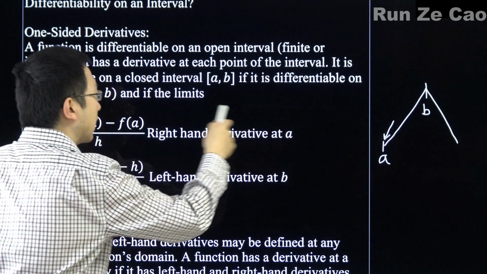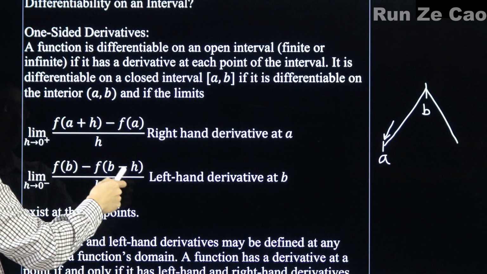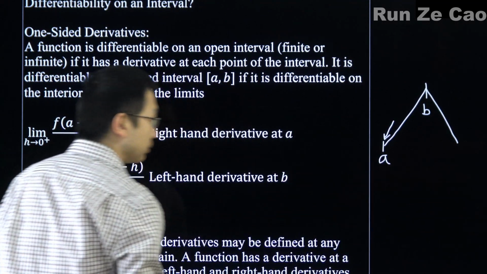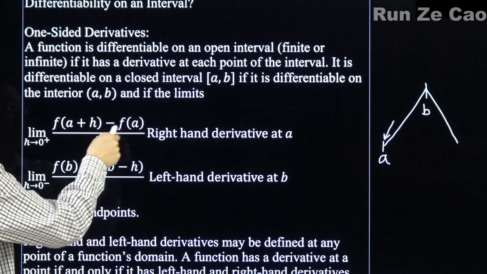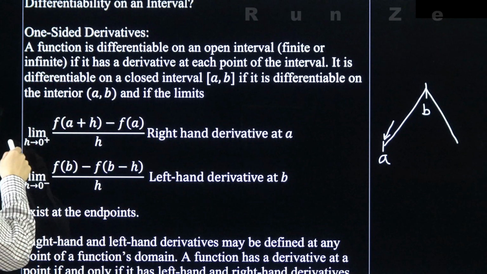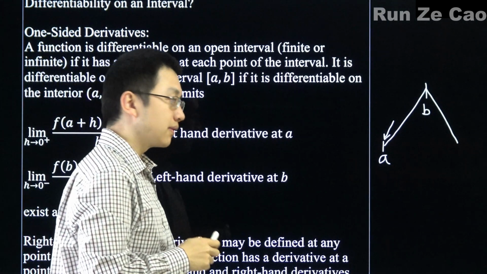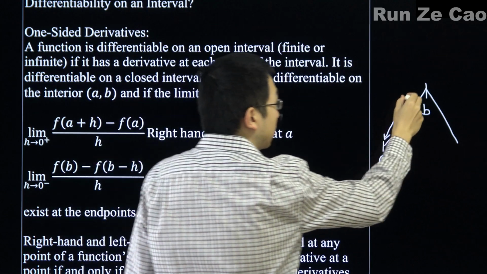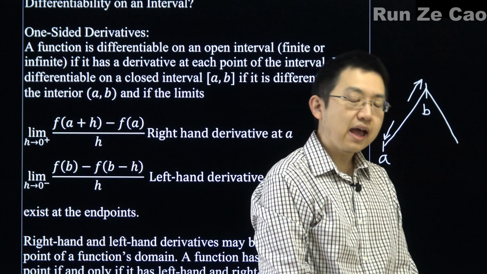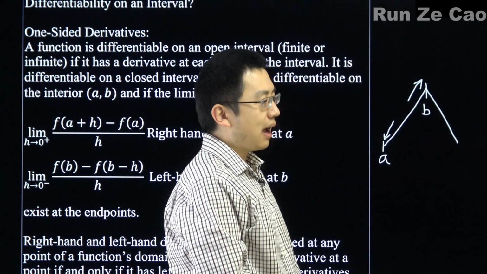So we find the right-hand derivative at A. Notice that instead of A minus H, which would be on this side, we use A plus H, which would be barely on that side of A, minus F of A, divided by H. And this approaches 0 from the positive side for H. And for B, well, we approach from this side, and that's the left-hand derivative at B because it comes from the left.